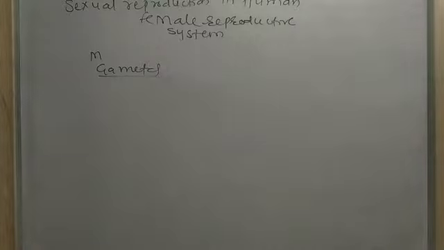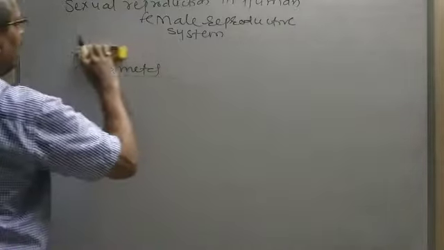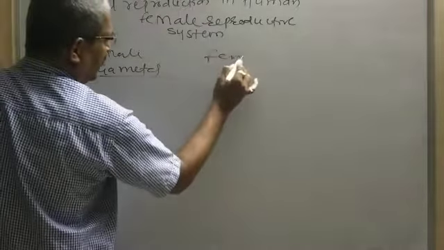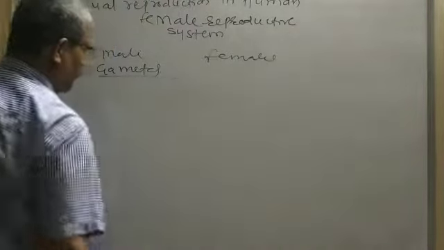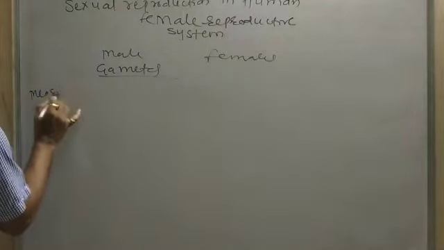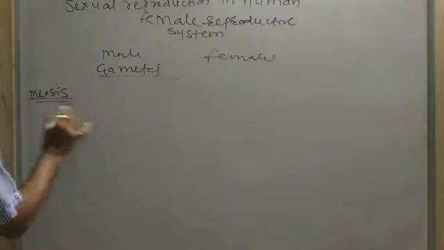These gametes are male gametes and female gametes. These male and female gametes are formed by the process of meiosis.